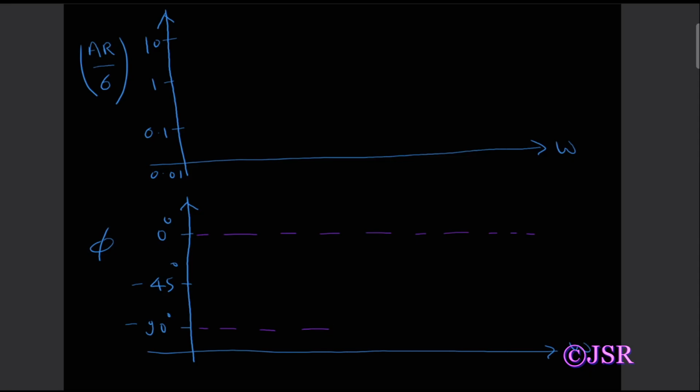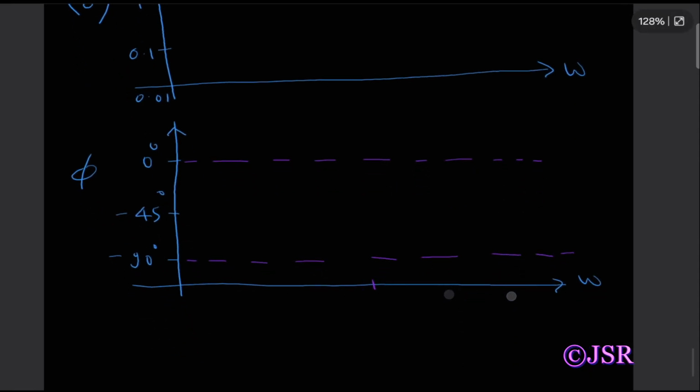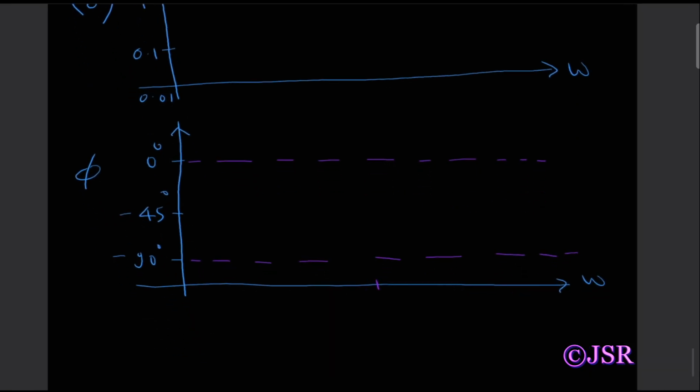When omega tends to infinity, phi tends to minus 90, and when omega tends to omega c, and omega c is the corner frequency, that is 1/2. So this is 0.5.